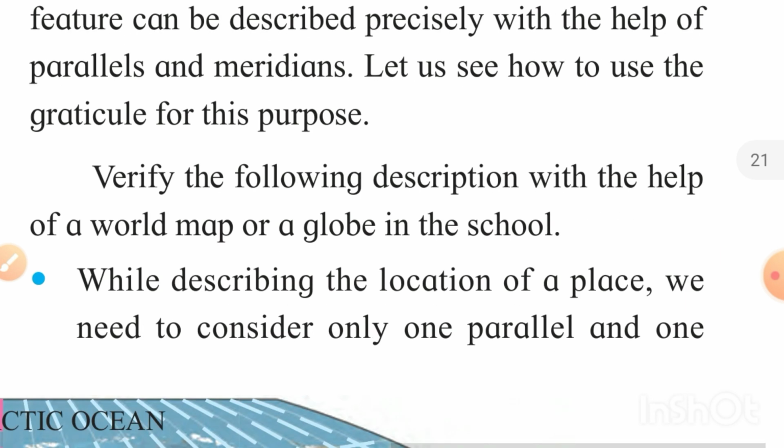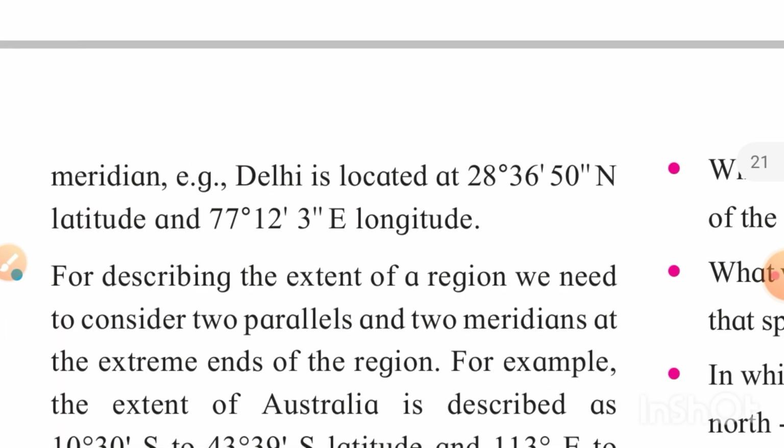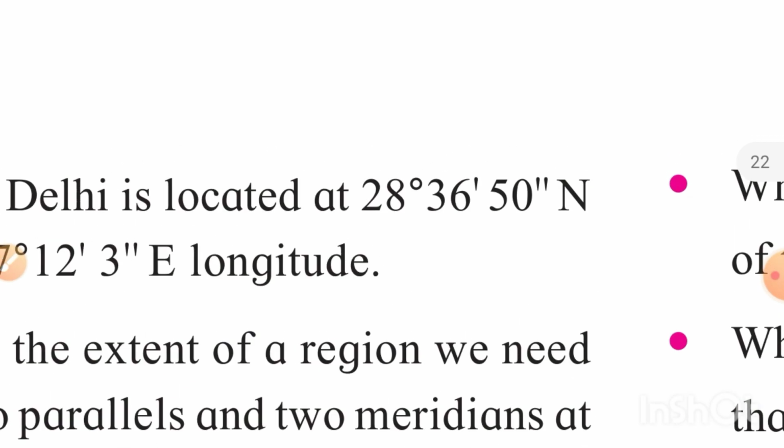So we can describe those locations with the help of parallels and meridians, and that's the reason with the help of Google Maps we can find any particular restaurant or any particular place. If we are traveling far away, we can always use the help of Google Maps to search for any location. Delhi is located at 28 degree 36 minutes and 50 seconds.